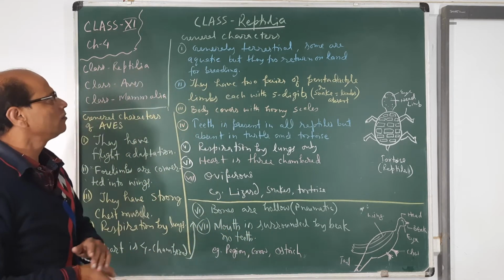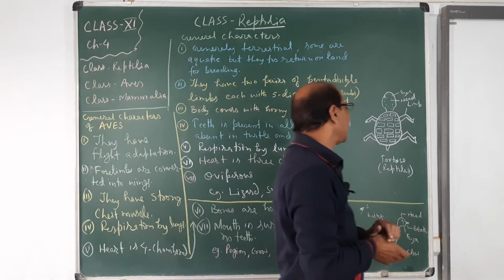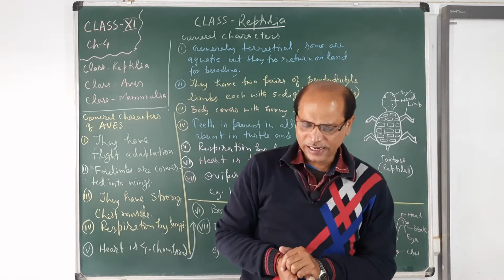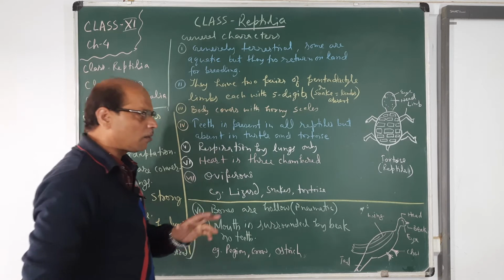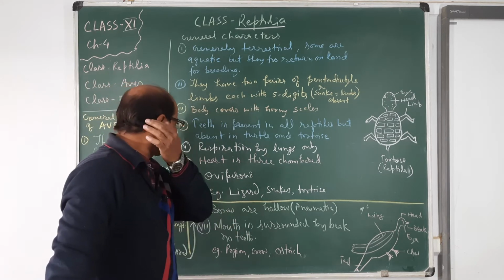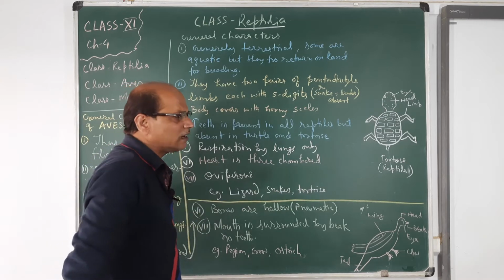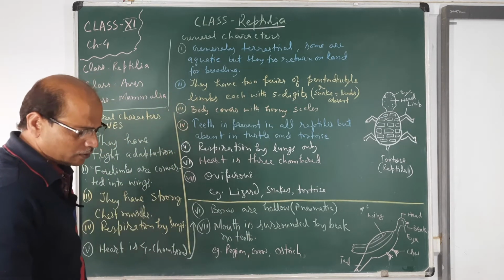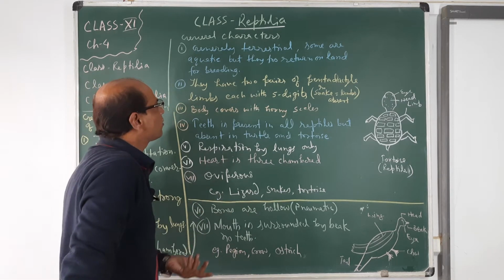Class Reptilia is the group of snake, lizard, tortoise, turtle, etc. They are found everywhere, commonly seen, and they are able to crawl on their skulls. With the help of limbs they also move, and crawling takes place in the snake.